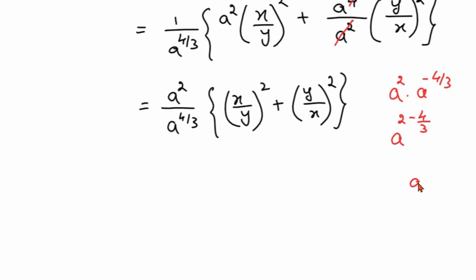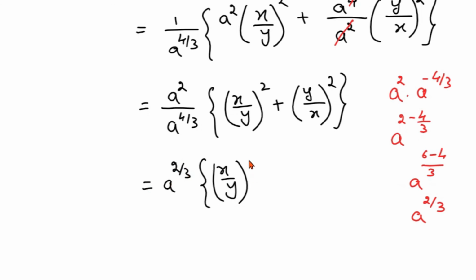If I am taking the LCM, it becomes 6 minus 4, so it becomes a power of 2 by 3. So this value can be replaced by a power of 2 by 3, and this value as it is, (x by y) whole square plus (y by x) whole square.